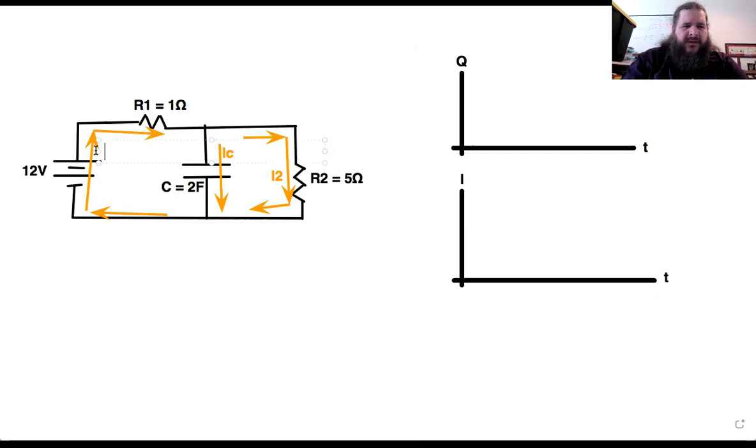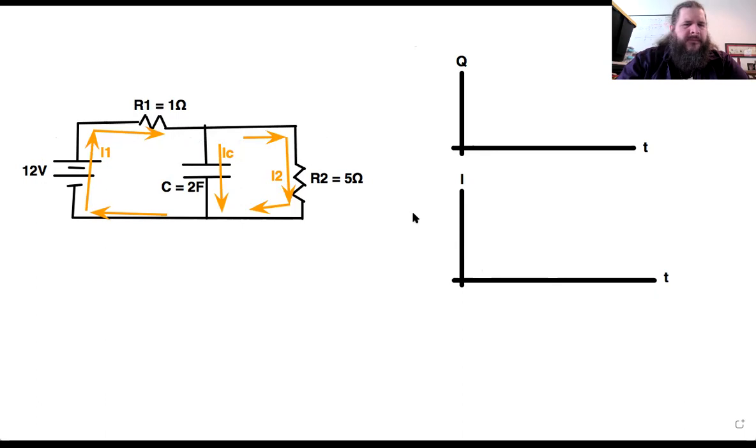So let's call that I1, since it's the current in resistor 1. It's also the current flowing through the battery, so in some cases we might call that I sub 0. But since it's the current flowing through resistor 1, let's call that I1. And so in the current graph, we'll actually want to graph all three of those, current 1, current 2, and current C.